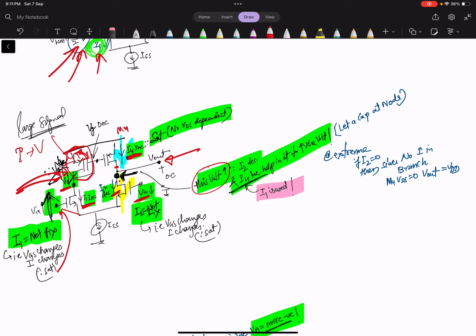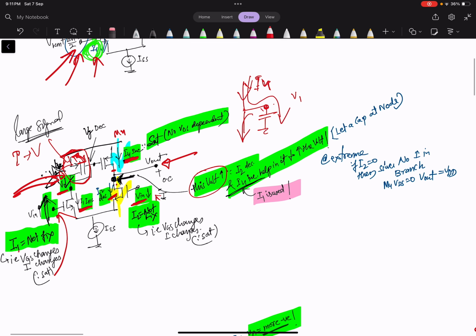Why is it increasing? Let's say this is a cap here, and the current from M4, I4, increases, so voltage will increase here, and this current also decreases. Decrease means whatever current was flowing before the input change has now decreased, so the voltage will increase more.